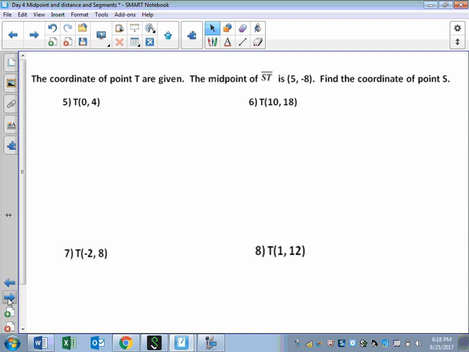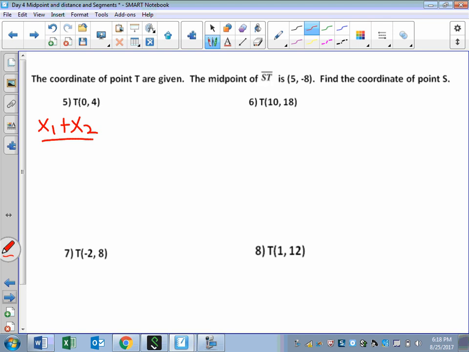So this one is, again, finding an endpoint from a point and a midpoint. So given that the midpoint of ST is (5, -8), find the other endpoint. Okay, so if T is at (0, 4), let's start with our x's. We have (x1 + x2) divided by 2 equals midpoint of x. This is our midpoint of x up here, and this is our x1.